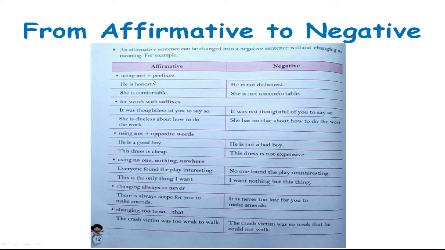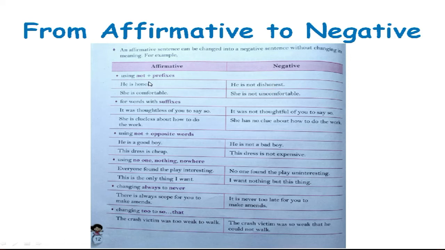First rule, as I said, you will use not plus prefixes. What are prefixes? Prefixes are the words that are added to the root word, or you can say, make it opposite. He is honest. I'll add not plus the prefix dis to the word honest. This is the root word honest. So it becomes he is not dishonest.